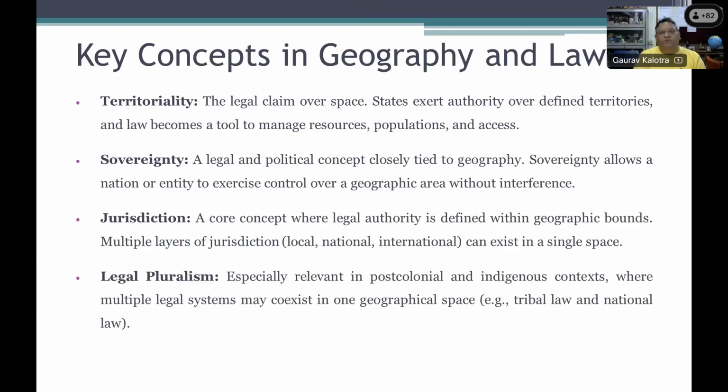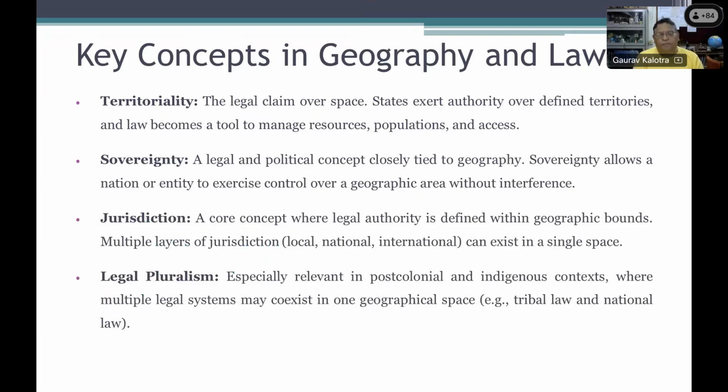Now, key concepts in geography and law. Territoriality, the legal claim over space. States exert authority over defined territories, and law becomes a tool to manage resources, populations, and access. Sovereignty, a legal and political concept closely tied to geography. Sovereignty allows a nation or entity to exercise control over a geographic area without interference.